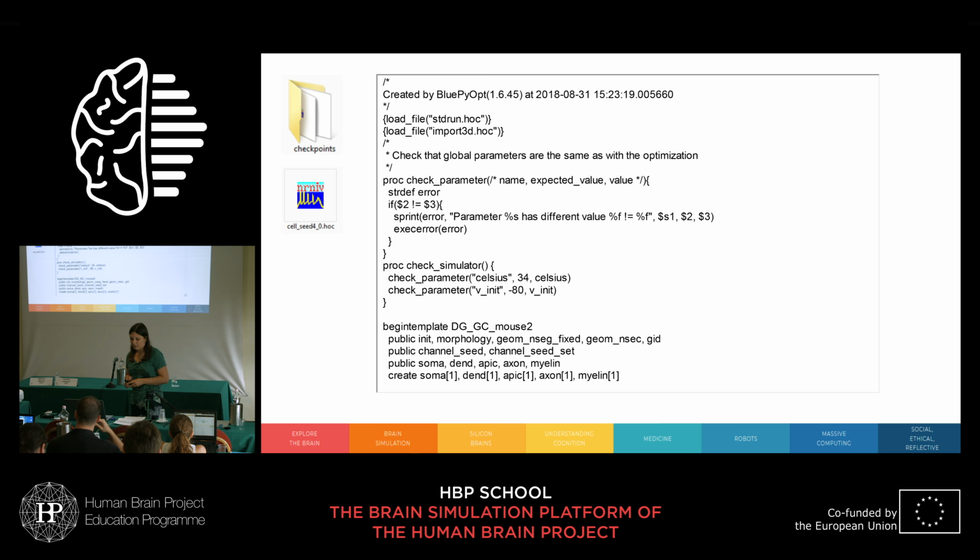Inside the checkpoints folder, we can also find a hoc template that contains the best parameters after the optimization, and it contains the morphology to be loaded. Okay, this is the presentation.